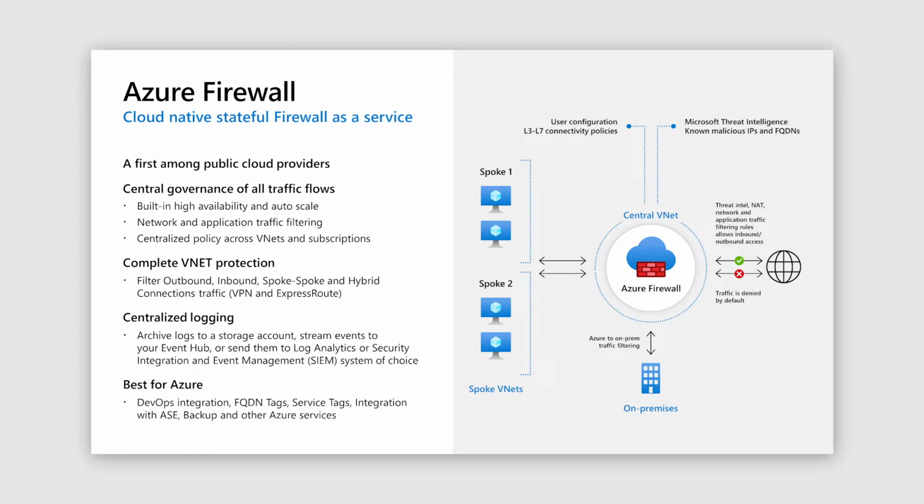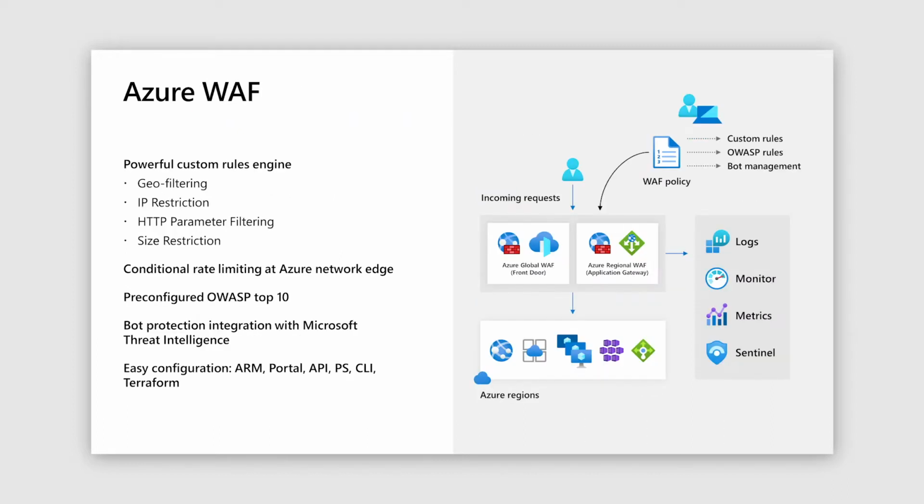Firewall can both deny and allow traffic, and also detect threats that exist on your networks. So Firewall is one of the main pieces of the Azure Network Security stack that is going to be connected to Sentinel later on.